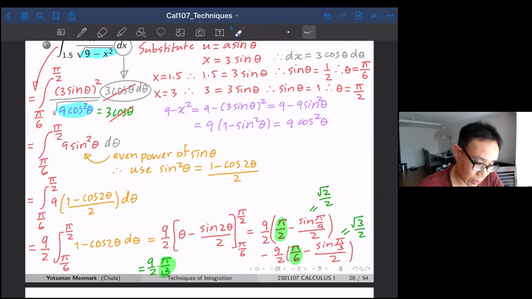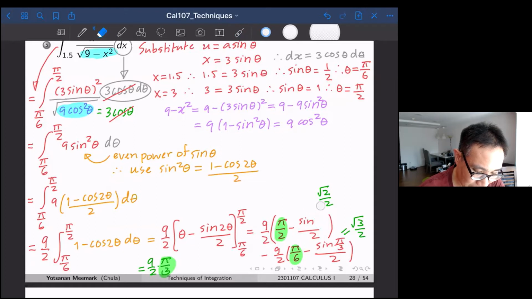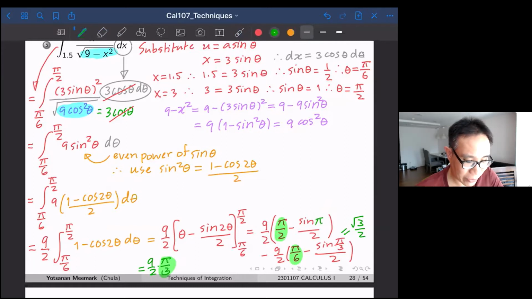It's 2 theta, it's 2 theta, so this one is not pi over 4, sorry, I made a mistake here. So it's going to be 2 theta, so it's going to be sine pi.